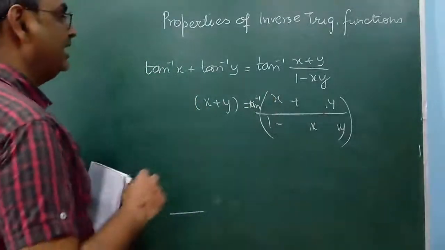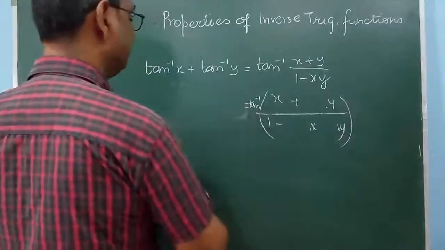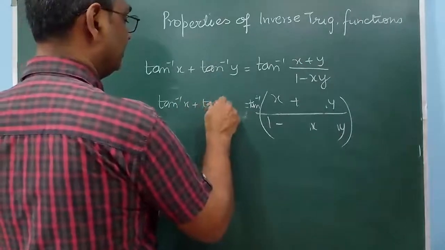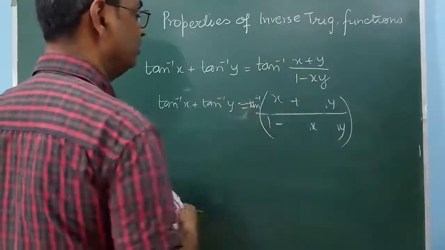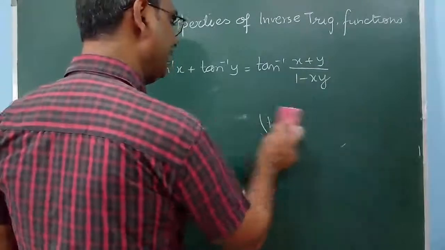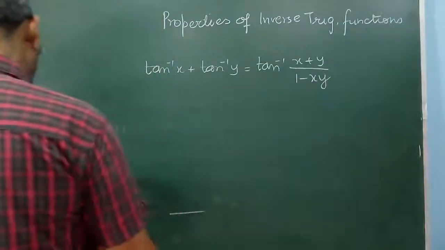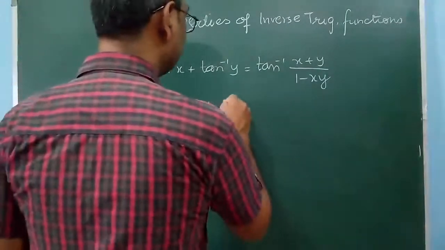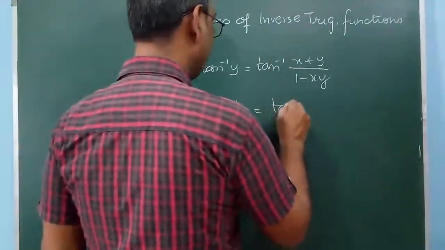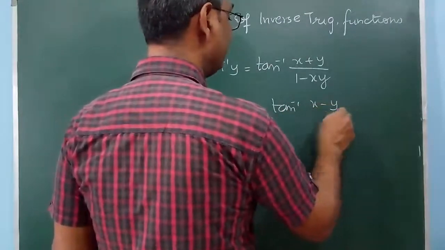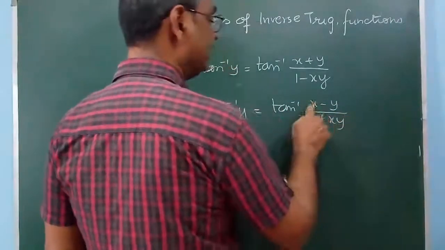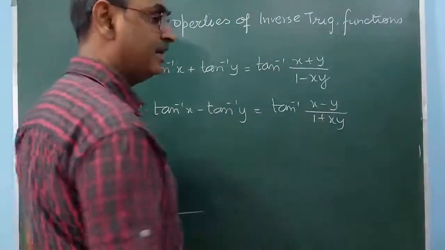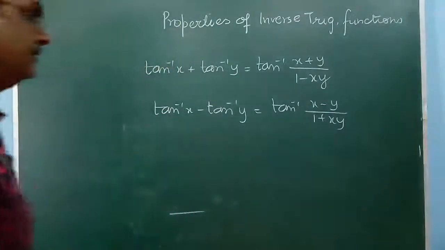Tan inverse x plus tan inverse y is equal to tan inverse of x plus y upon 1 minus xy. Same formula we have for one more: tan inverse x minus tan inverse y is equal to tan inverse of x minus y upon 1 plus xy. It comes from tan x minus tan y upon 1 plus tan x tan y. In place of that you write x and y and you will get the answer.